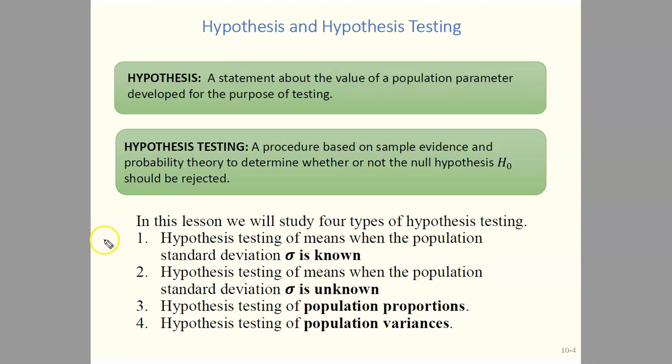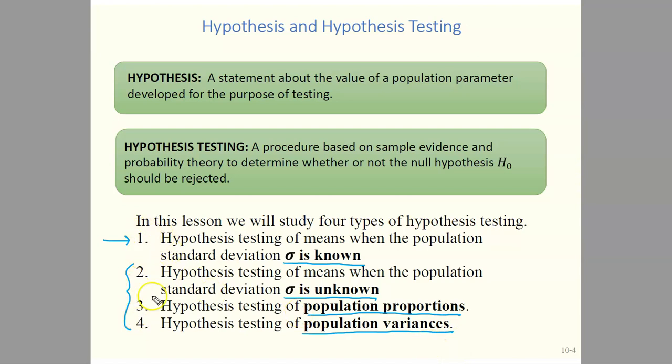Now in this lesson, we're going to discuss hypothesis testing of this type. That's hypothesis testing of means when the population standard deviation sigma is known. In subsequent videos, we're also going to discuss these three types: hypothesis testing of means when the population standard deviation sigma is unknown, hypothesis testing of population proportions, and hypothesis testing of population variances.